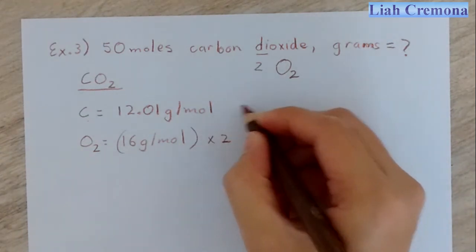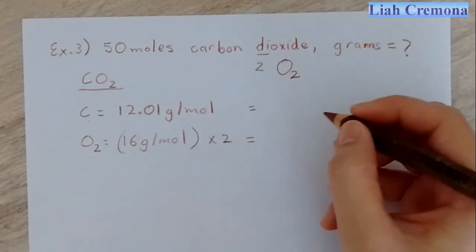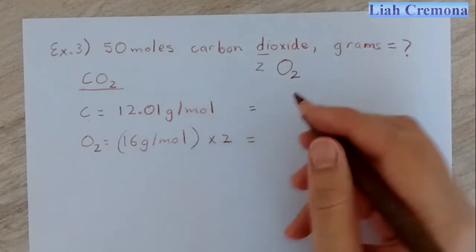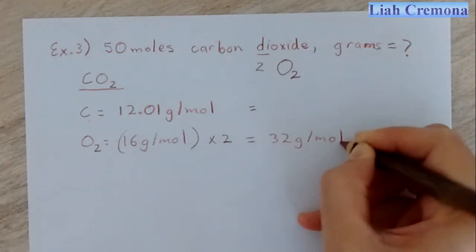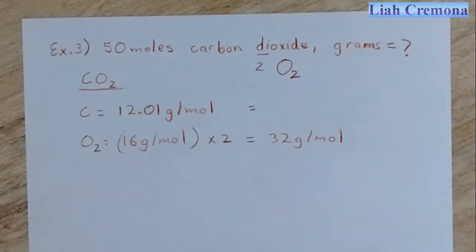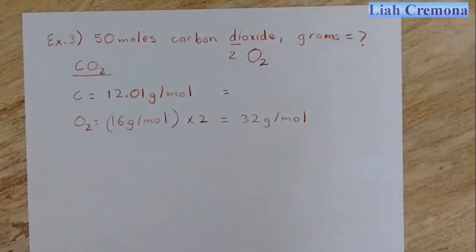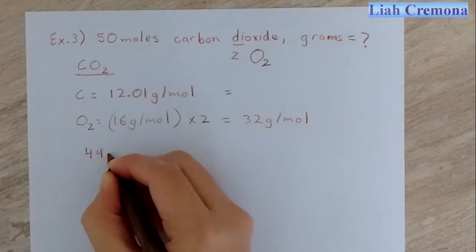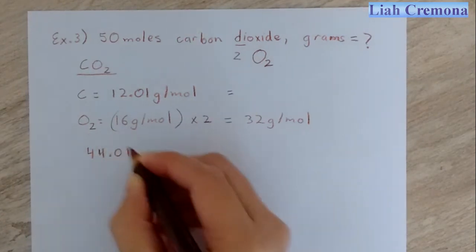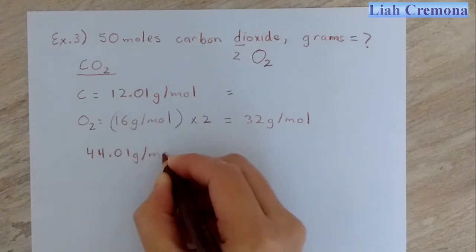Now we add these 2 values together. So 16 times 2 is 32 grams per mole, and we add that to 12.01. This gives a molar mass of 44.01 grams per mole.